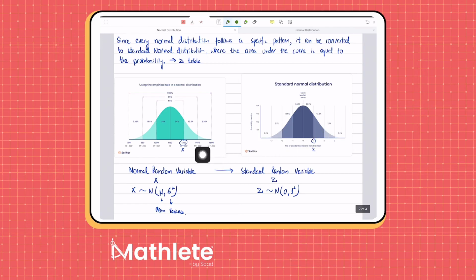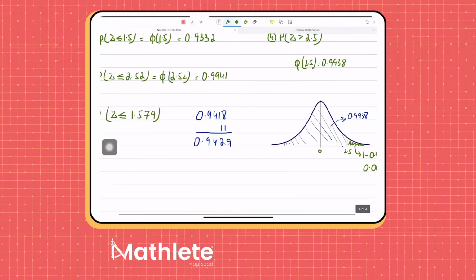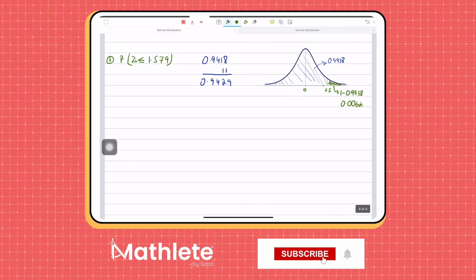If you look at SAT scores, 2.5 standard deviations means somewhere over here. What do you think will be the probability of a student getting, let's say, more than 1550? Very high or very less? Very less, okay? And that's what we get. It's 0.0062.